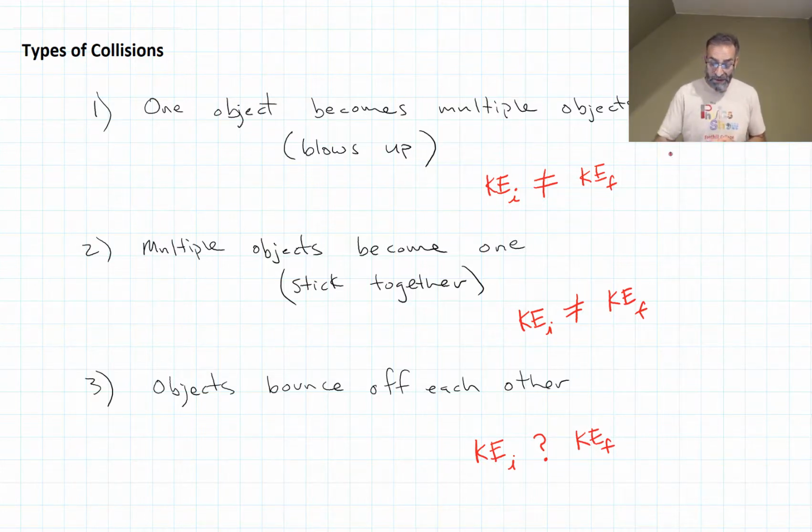So far, I've been talking about inelastic collisions, where the kinetic energy before and after the collision are different. Now, when objects bounce off of each other, we could have a situation where the kinetic energy is the same before and after the collision, that we call elastic, or it might be different. We call that inelastic.